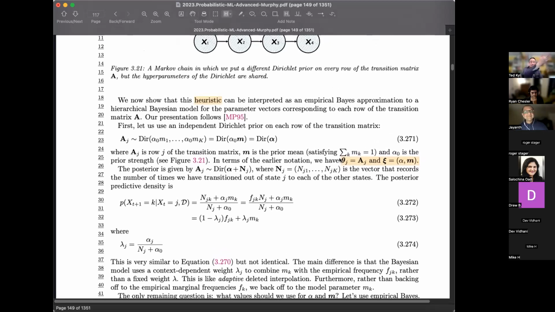So then earlier in section 2, they said this is actually like a uniform prior. You can do the Bayesian interpretation of this +1 business, this Laplace smoothing, as a uniform prior.